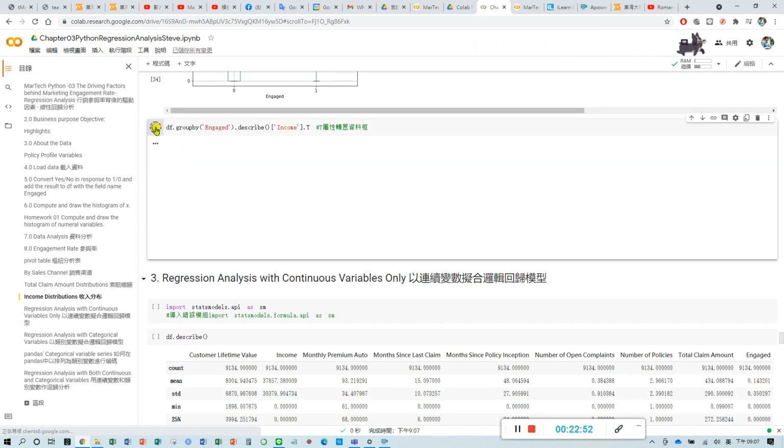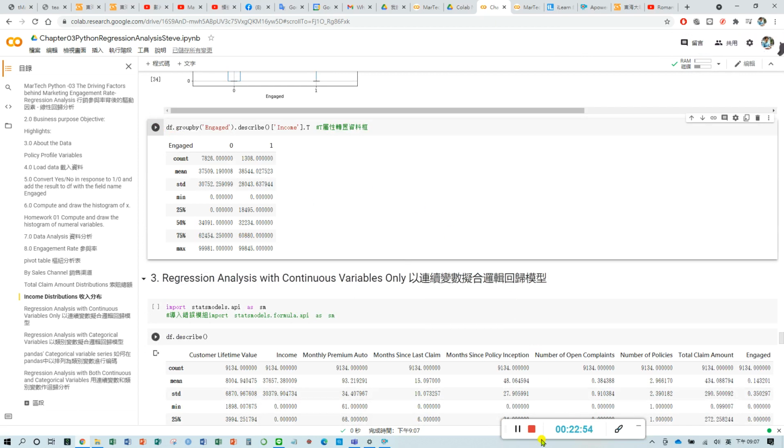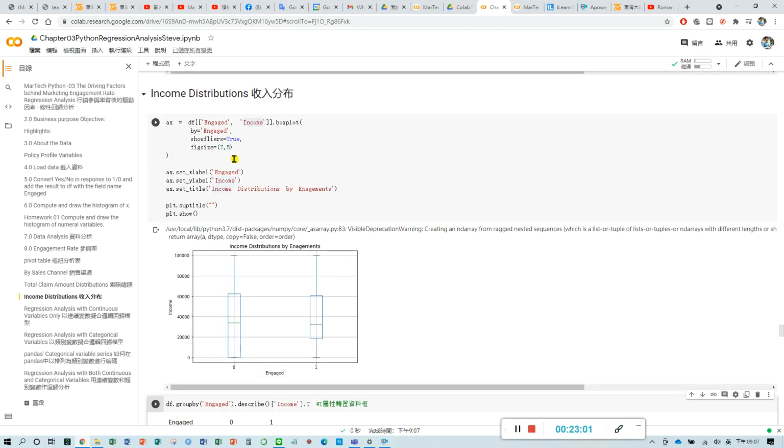Okay, got it? Okay, it's your turn to practice. I think you guys first seeing this Python language, it's kind of hard for you. But you have to be familiar with these languages, okay?